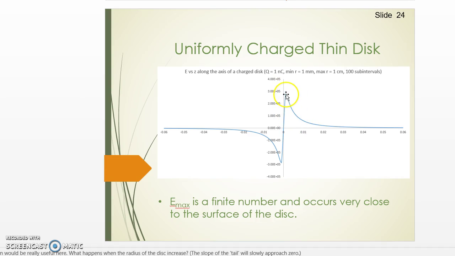And what you see is the peak is getting closer and closer to the 0 point, but it is not shooting off to infinity. And that's the clue, that's the key point. The maximum field for this disk is going to be a finite number.